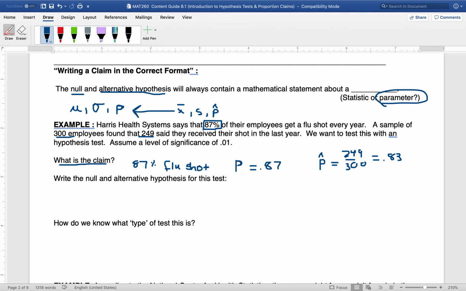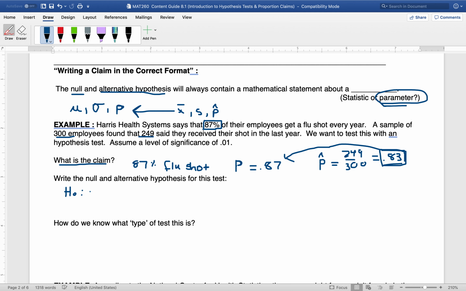So we want to see if this 83% is believable if the actual population percentage is 87%. So we want to see if this claim is true or not based on this sample that they provided. So to write the null and alternative, the null is always going to include our parameter.